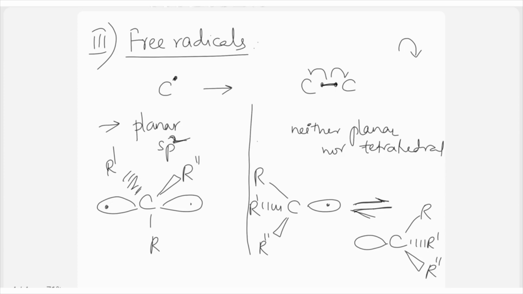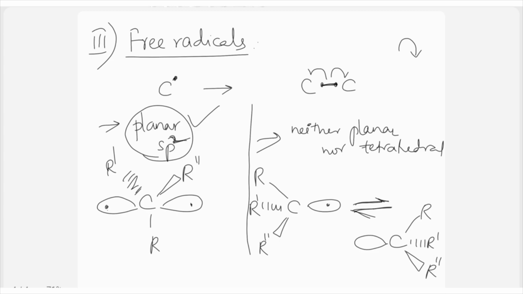So free radicals are expected to be either in the planar form or in this form, but we cannot say exactly which form certainly exists in the reaction intermediate. Mostly we expect the free radical to be in the planar sp2 form, where we see the odd electron in the sp2 hybridized carbon and also an odd electron in the p orbital. So this gives you a slightly pyramidal shape, or we can say planar shape.